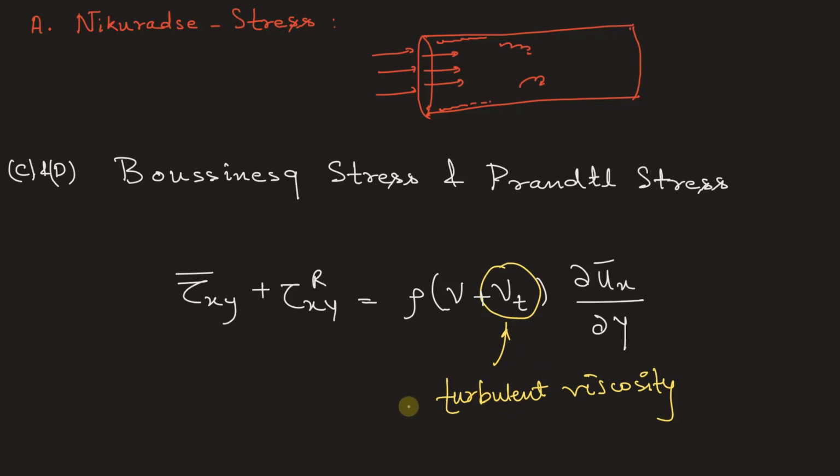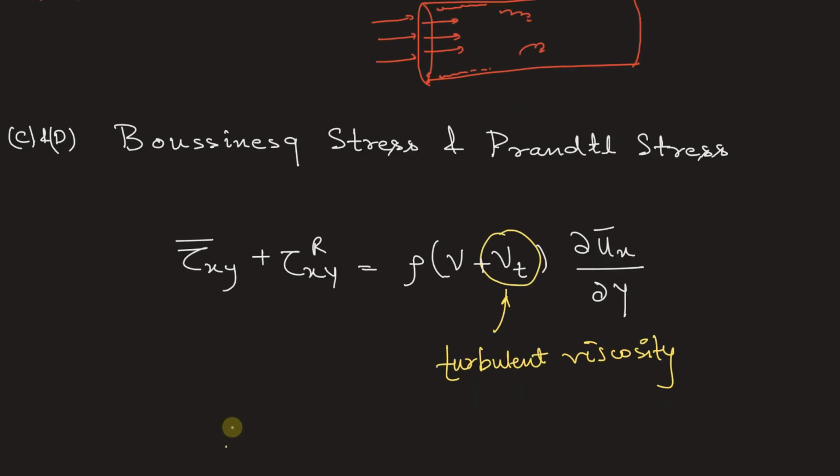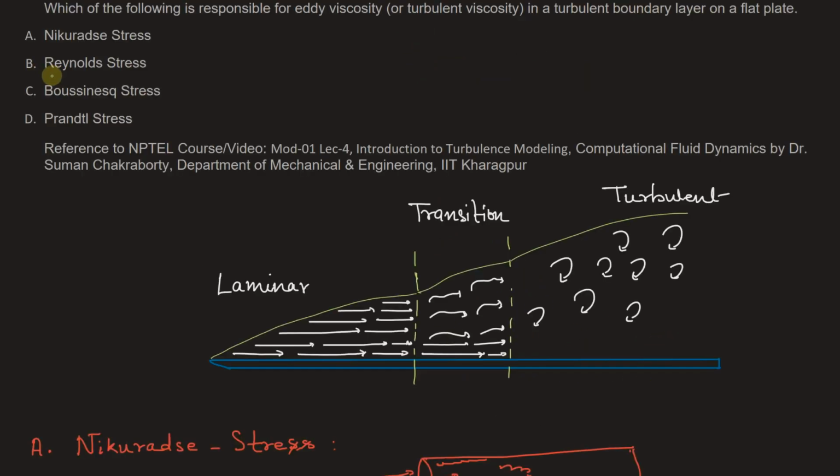Prandtl was the first to propose means of estimating mu t, the turbulent viscosity, and that was known as the mixing length model. So Prandtl proposed a model called the mixing length model, which again gives rise to Prandtl stress. One thing to note here is both are responsible for turbulent viscosity or eddy viscosity, but not over a flat plate.